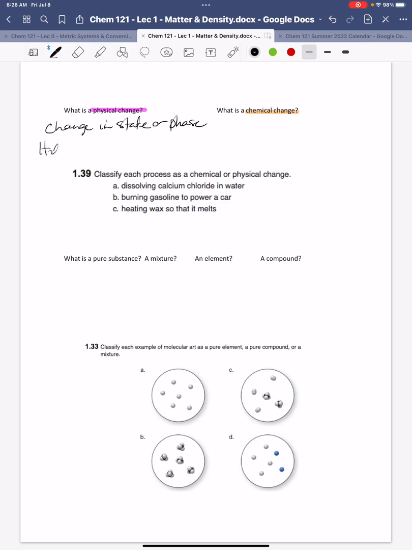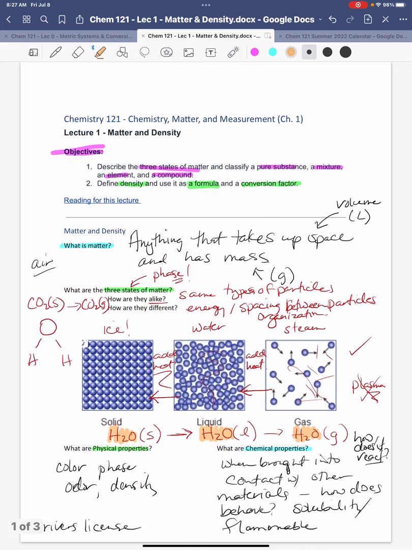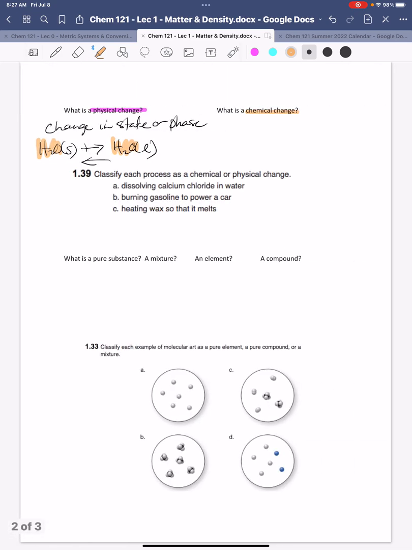We said water goes from solid to liquid or back again. That's a physical change. And again, what we noticed is the substance, the molecule itself, doesn't change. It just gets farther apart or closer together. So that's a physical change, going from one state or phase to another.